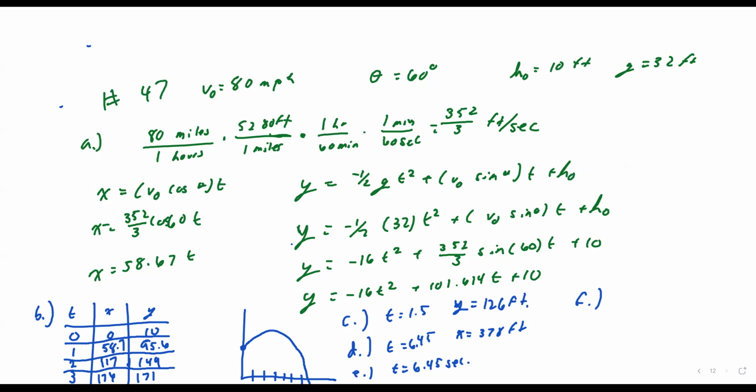Let's try 0.1, 0.05, 0.025. Okay, it roughly looks, give or take, the time would be 0.025, give or take.